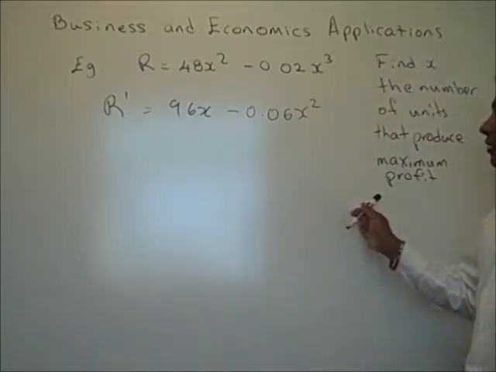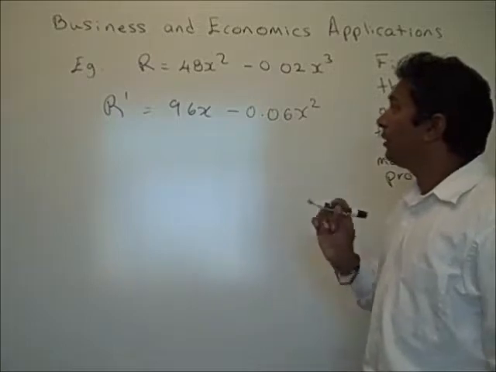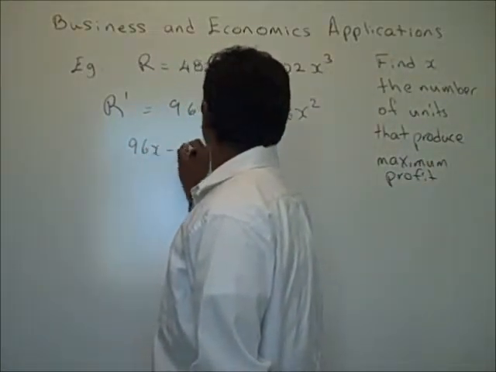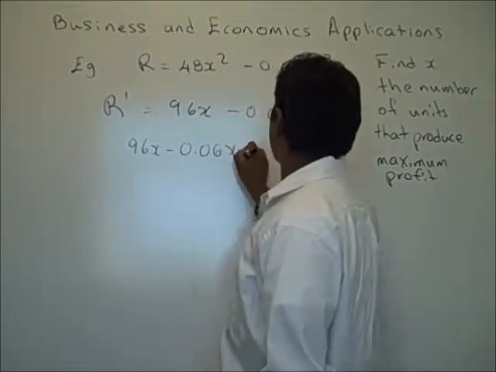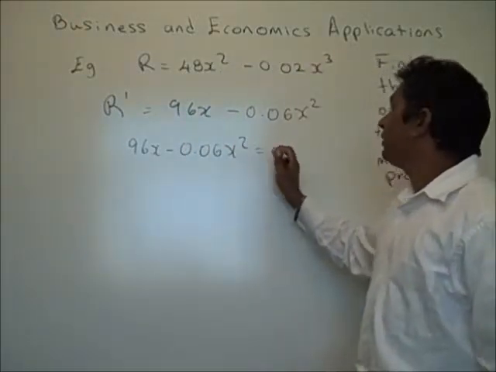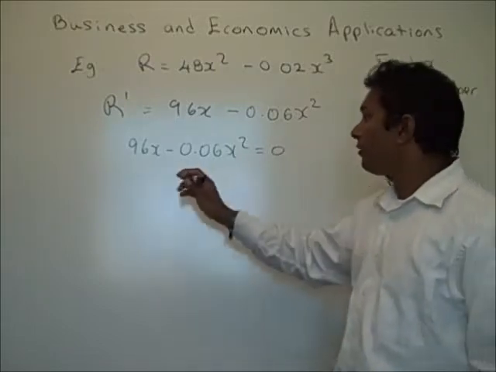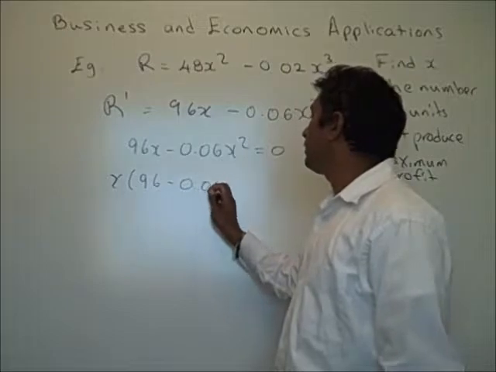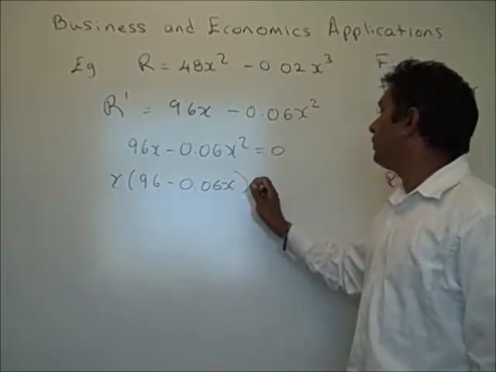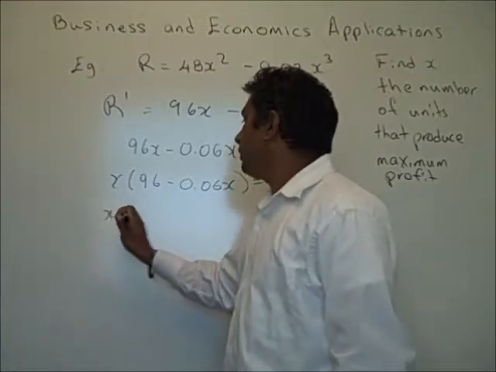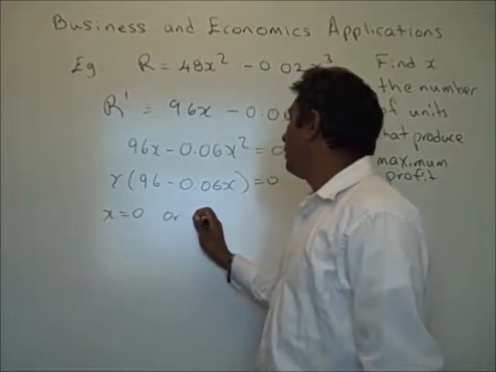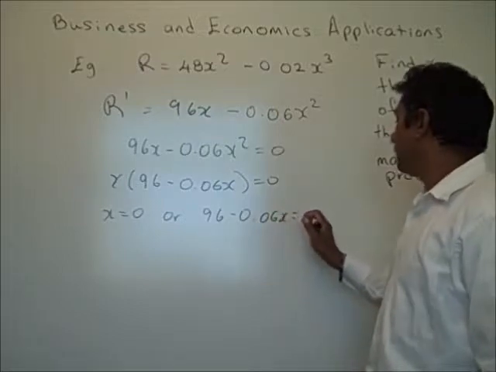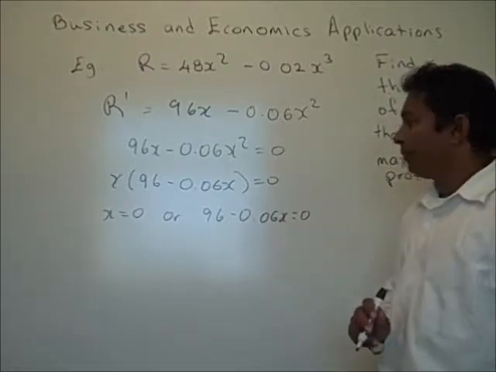To find our critical value, we're going to set this equal to 0 and solve it. So we have 96x minus 0.06x squared is equal to 0. If we factor out x, we're left with 96 minus 0.06x equal to 0. So x is equal to 0, or 96 minus 0.06x equal to 0.